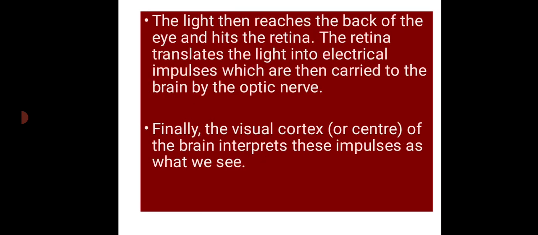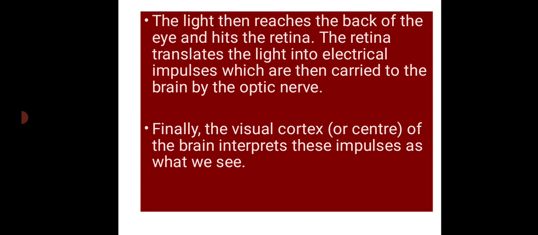Now the light then reaches the back of the eye and hits the retina. So the retina then translates the light into electrical impulses, which are then carried to the brain by the optic nerve. So it is the optic nerve that helps to carry the information to the brain.